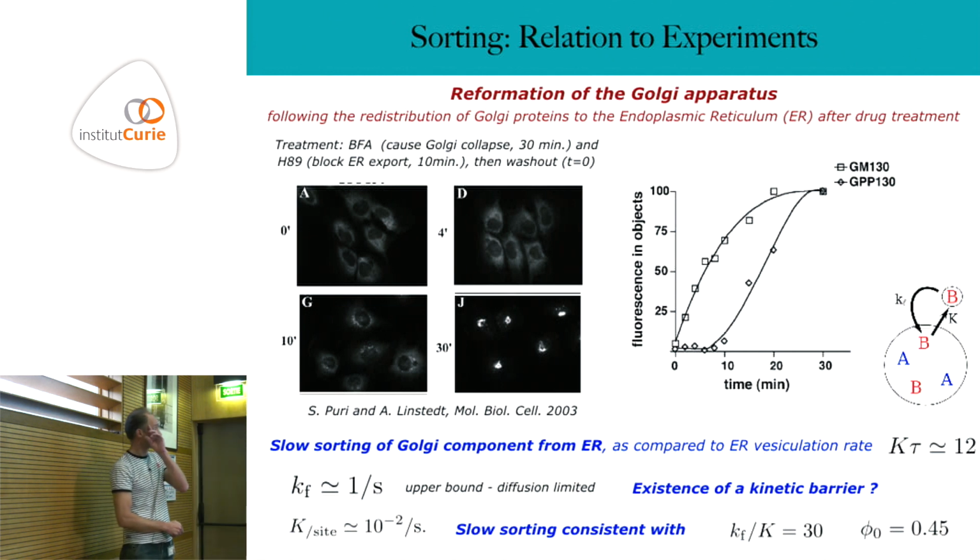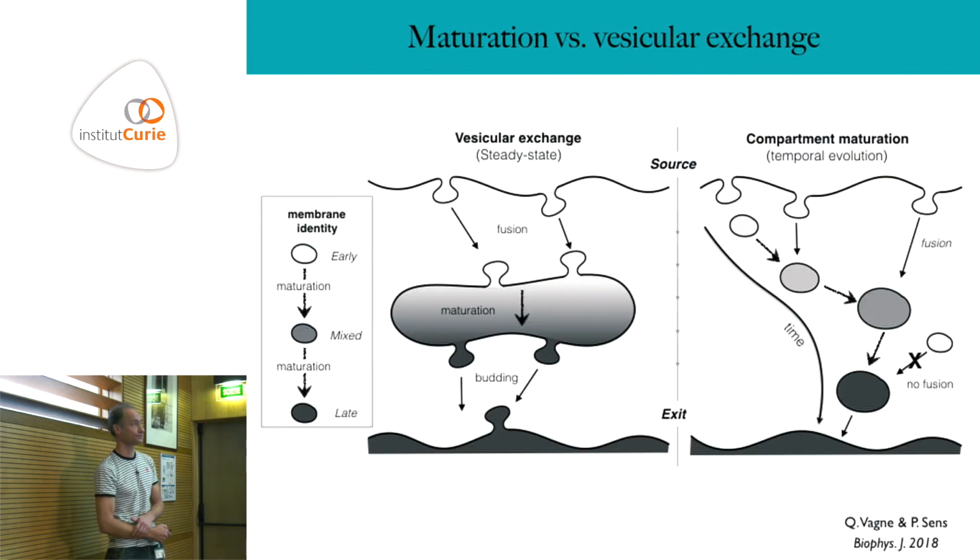Okay, so this is how you form something de novo after fusion? Well, you need to sort things, and this could be slow. That's the main message.